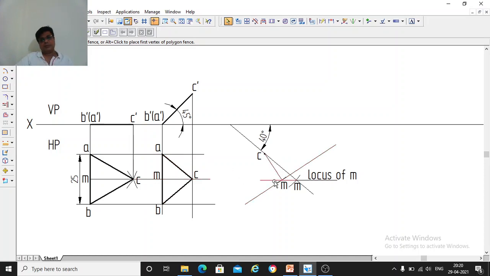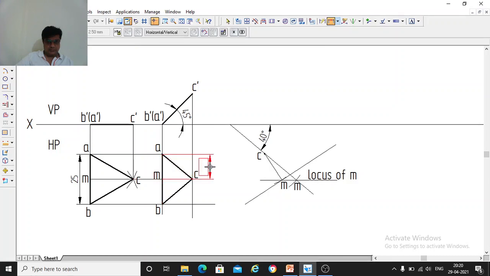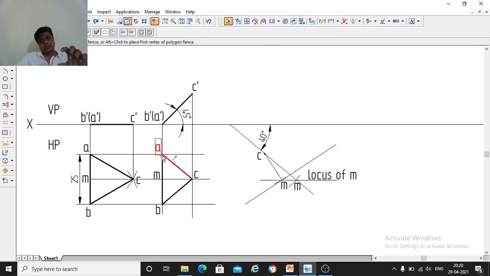It is here now. Okay. So this length I will just measure it and draw. So you can do it directly with your compass. So it is 12.5. So with your compass measure this MA, keep the center on M and draw the arc on this line.